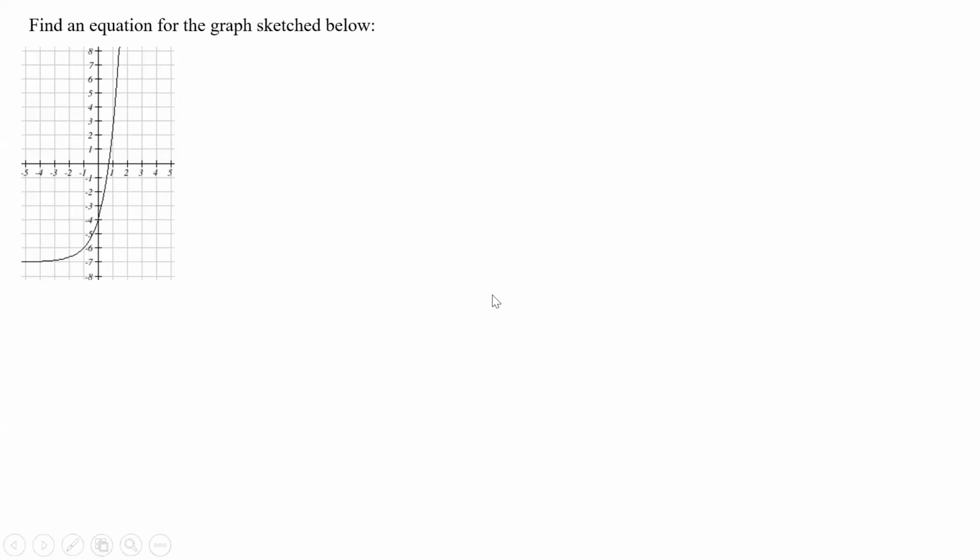What it looks like to me is it's at 1, 2. That's what I went based on. That is what I used, the 1, 2.